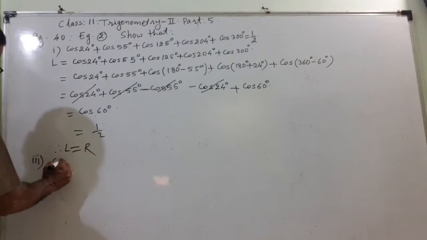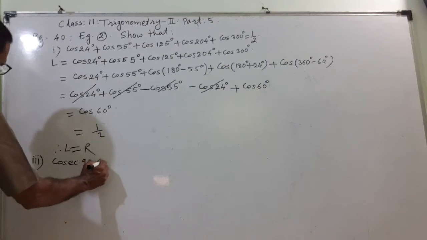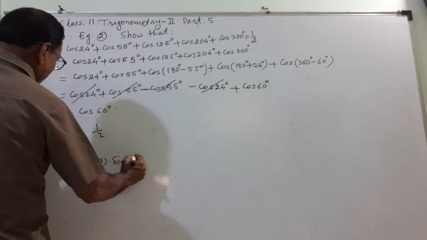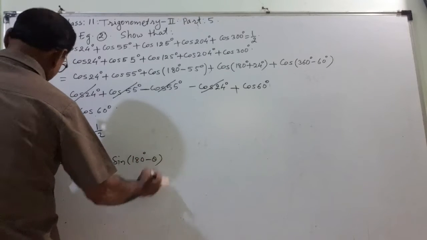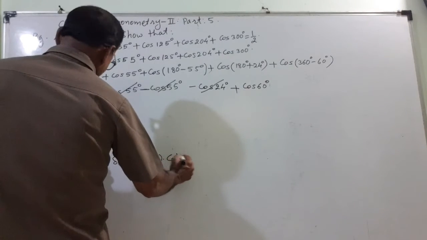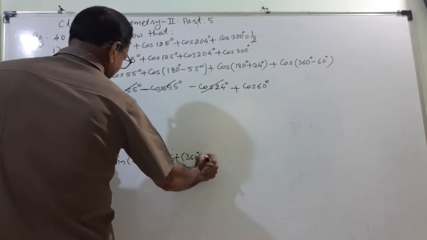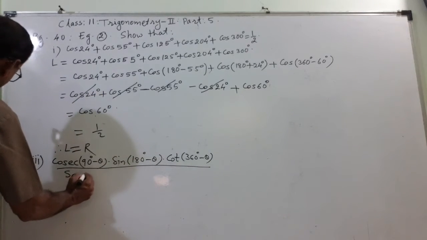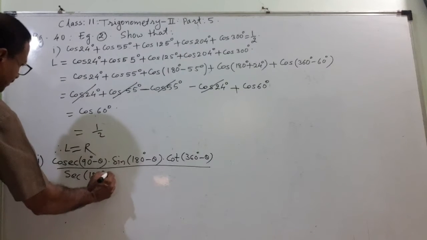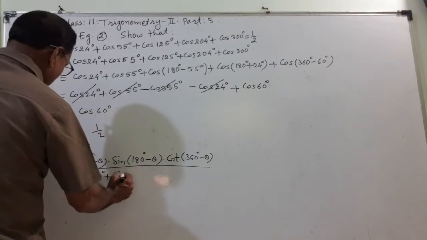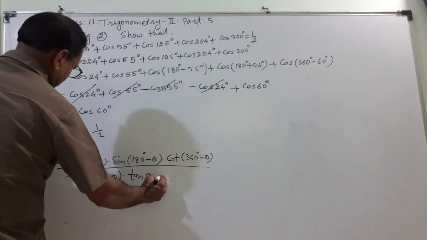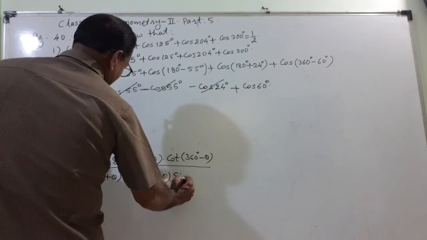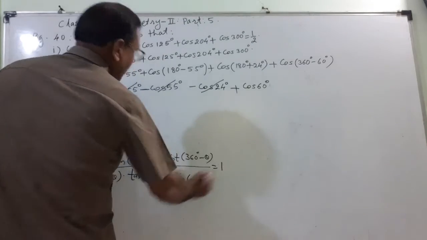Cosec of 90 minus theta into sine of 180 minus theta into cot of 360 minus theta upon sec of 180 plus theta into tan of 90 plus theta, and the last one sine of minus theta is equal to 1. This we have to prove.